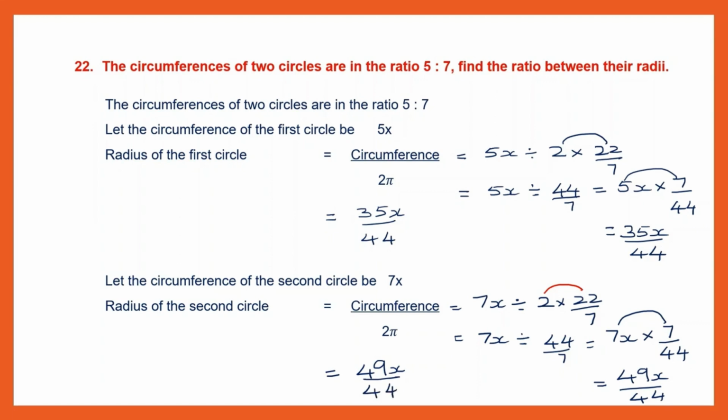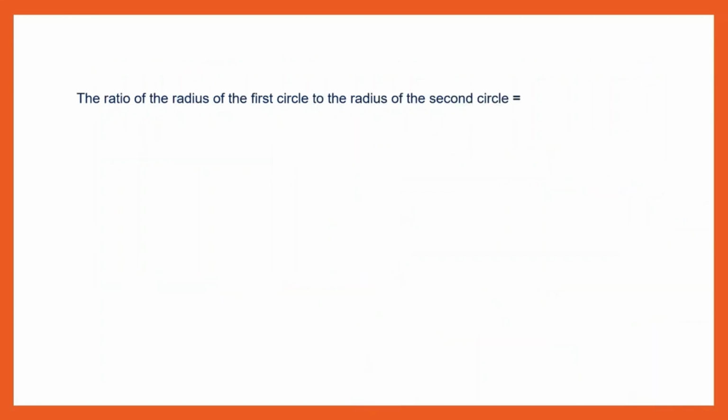So we have found both the radii. So this is the first radius and this is the second radius. Now what does the question ask us to find? They're asking us to find the ratio between the radii. So let's go on to the next step here. So now we're going to find the ratio of the radius of the first circle to the radius of the second circle.